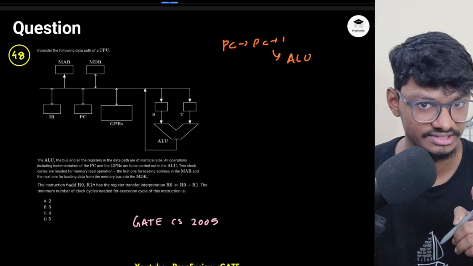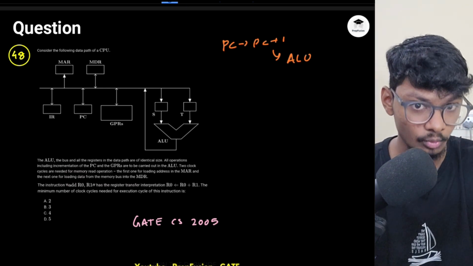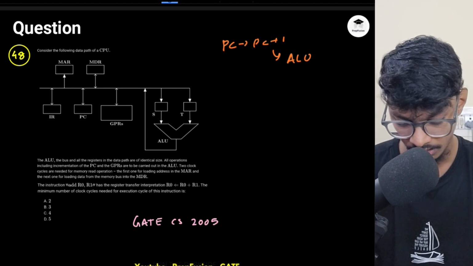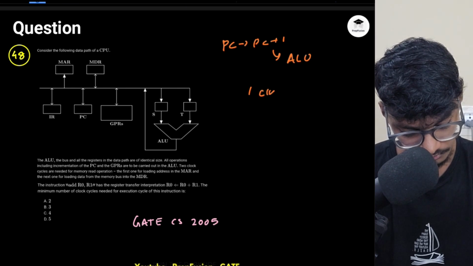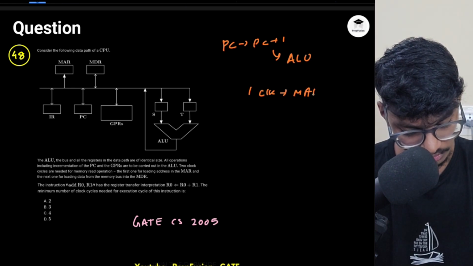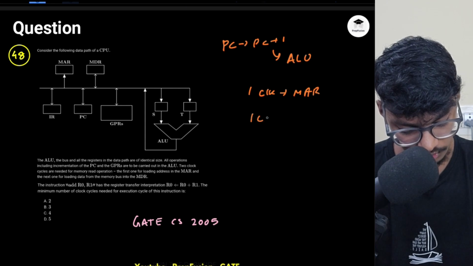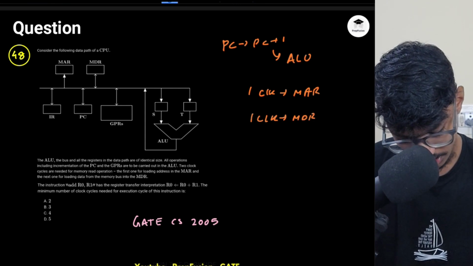As I told you previously, we don't exactly load from the memory directly. First we load the address of the data on the MAR, then we load it to the MDR. So one clock for loading the address to the MAR, then another clock for loading the data to the MDR.